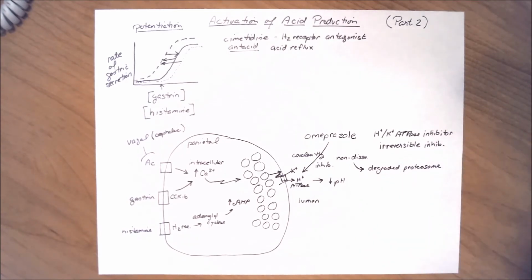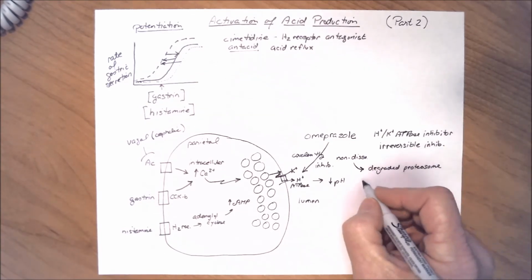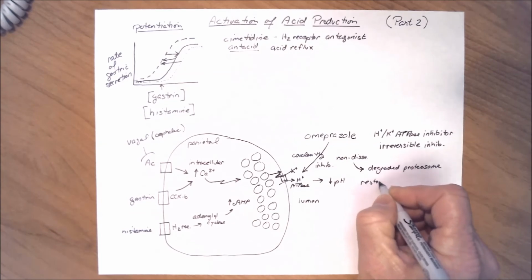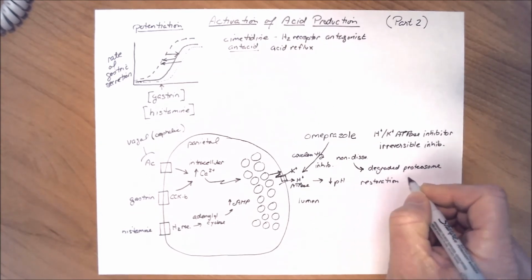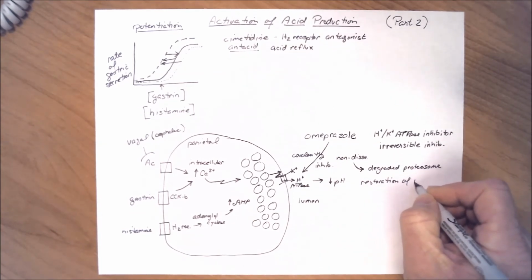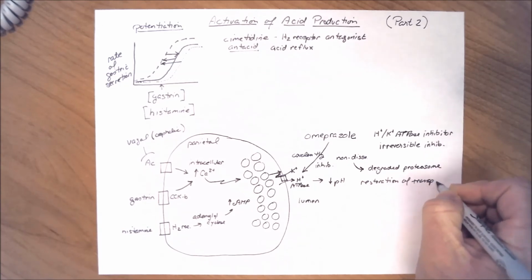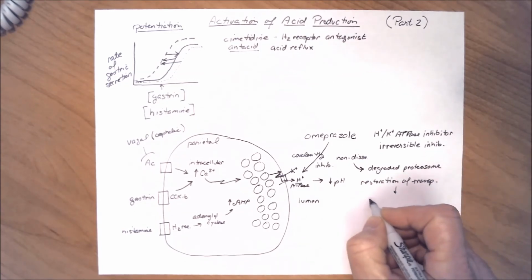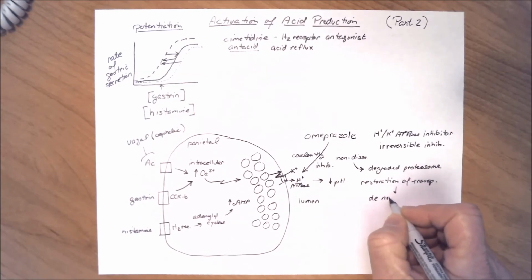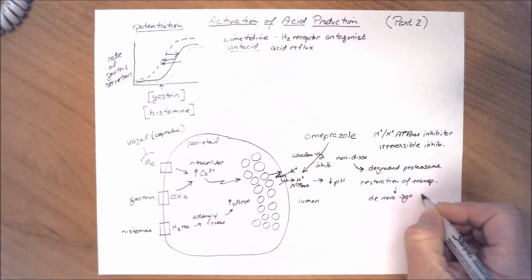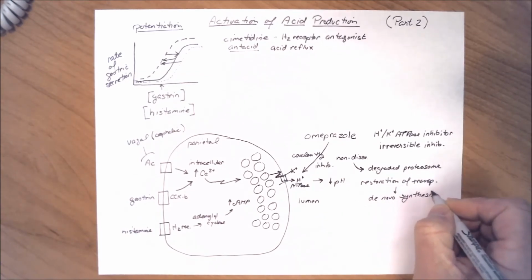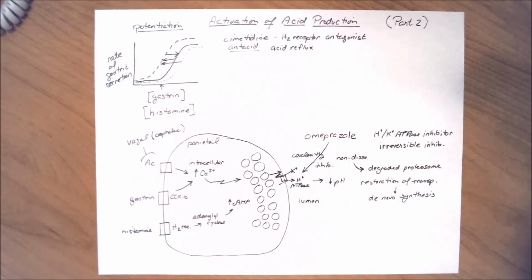You actually have to degrade the entire pump and get rid of it, and then restoration of the transporter is through what's called de novo synthesis. De novo synthesis is essentially gene transcription, translation into protein, and restoring the protein through biosynthetic mechanisms.